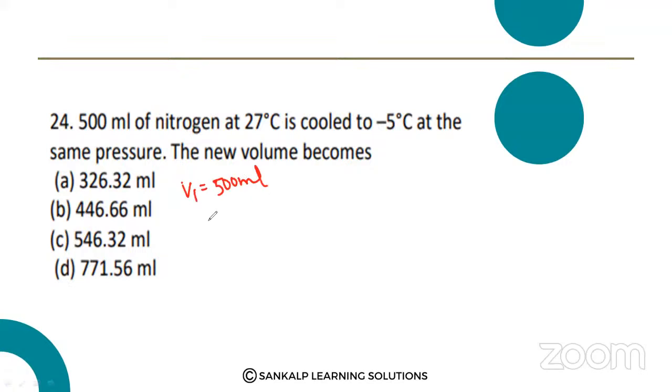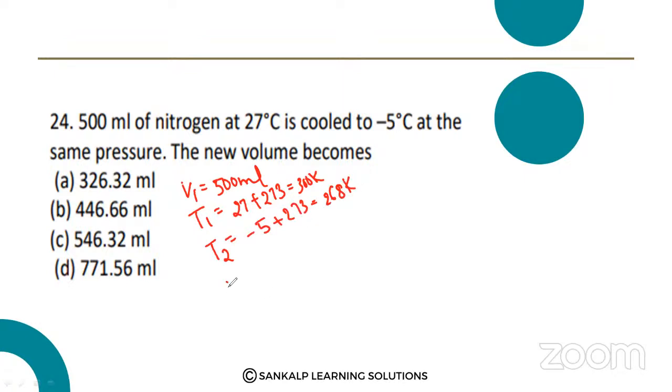Then what is T1? Temperatures are given in degrees Celsius, so we need to convert them into Kelvin by adding 273. You get 300 Kelvin. Then T2: it is cooled to T2. T2 is minus 5 plus 273 equals 268 Kelvin.